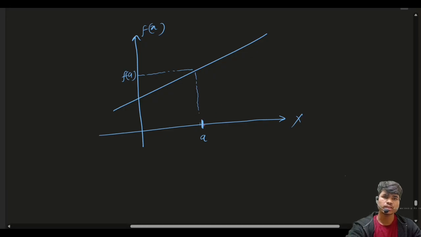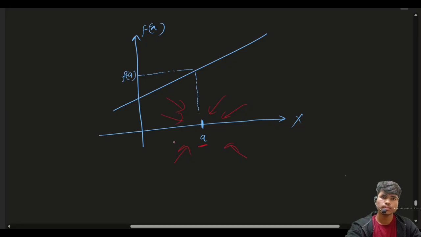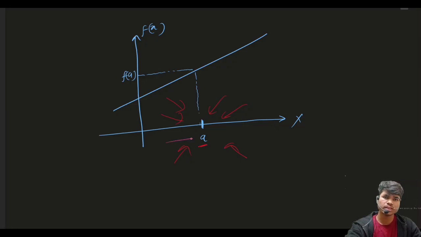There are many directions to approach this number, but in 1D, we will approach this number from left hand side and right hand side. And we are going continuously closer to this value, but we can never achieve this number.